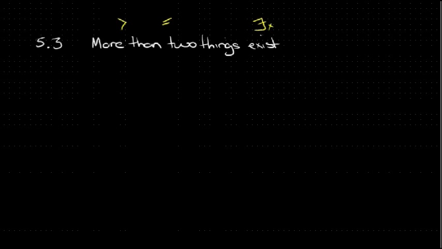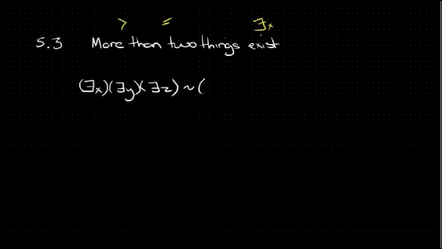One way of saying that more than two things exist is to say that at least three things exist and none of those things are identical to one another. If at least three things exist and none of them are identical, then there must be more than two things. So we'll start off with our existential statement. There exists an x, there exists a y, and there exists a z. And what is it that's true of these things?